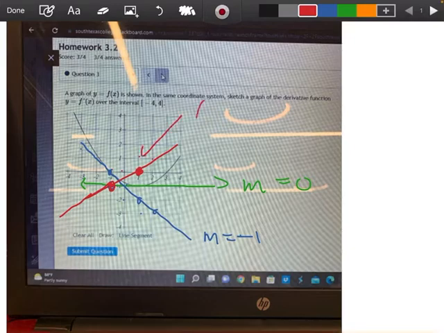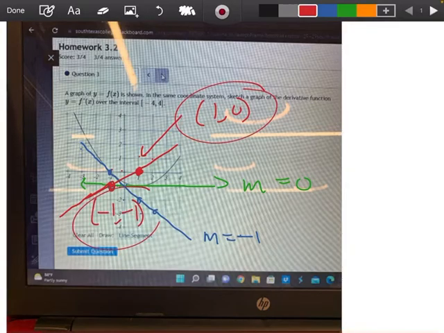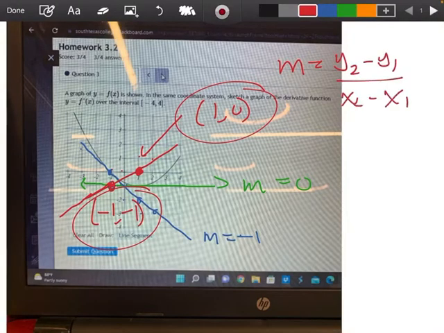It looks like the coordinates of that point there are 1 and 0, and the coordinates of this point here are -1 and -1. So I want to find the equation of the line that goes through those 2 points. First, let's find the slope. Remember, it's y2 minus y1 over x2 minus x1.